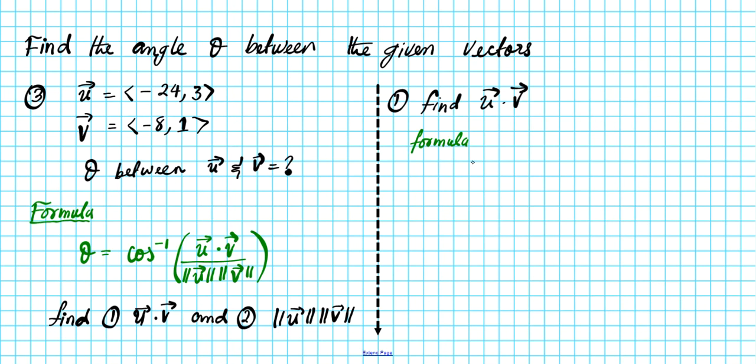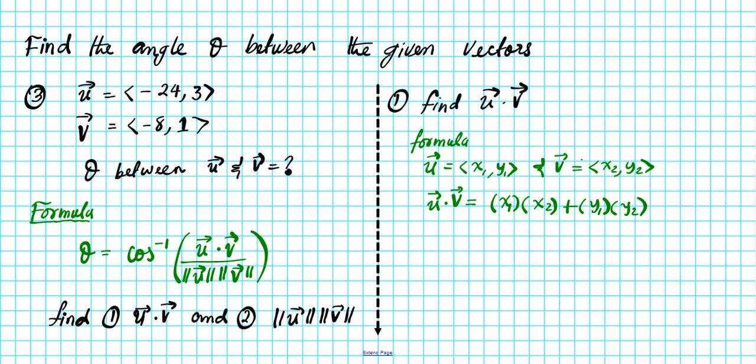So if we have vector u as x1, y1, and vector v as x2, y2, then the dot product is simply the product of the x components added to the product of the y components of both vectors.